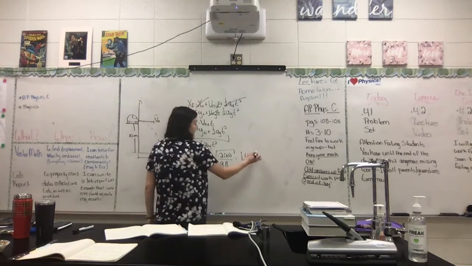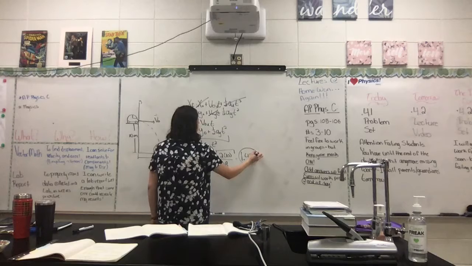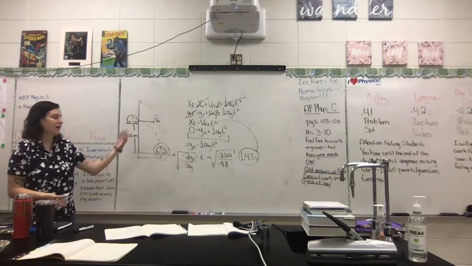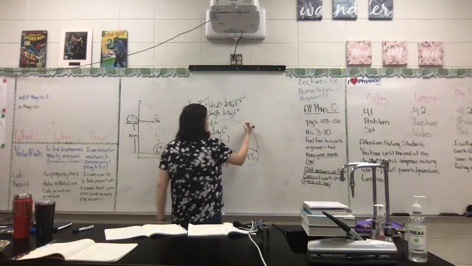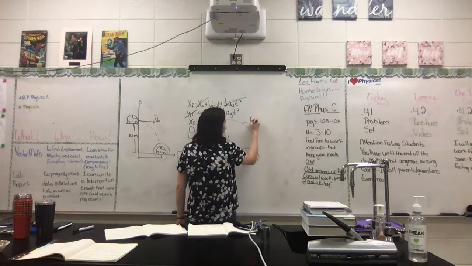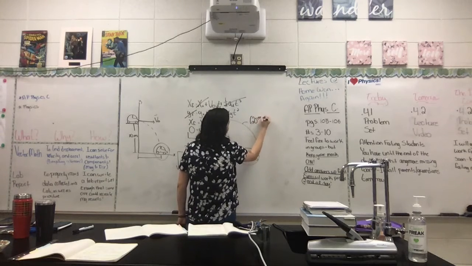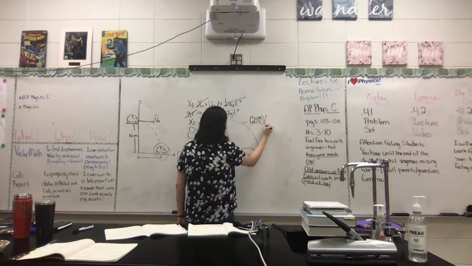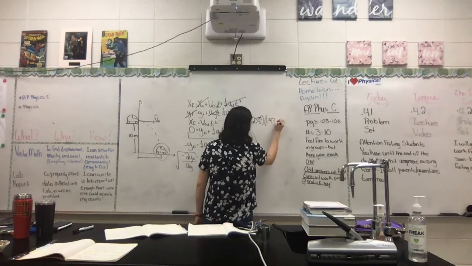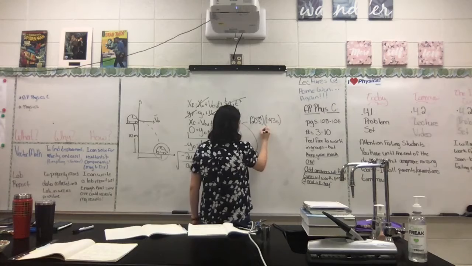Now that we have the time, we can plug that in to this equation in order to find our final x position. So we're going to take our initial x velocity of 20 meters per second and multiply it by this time we found of 1.43 seconds.